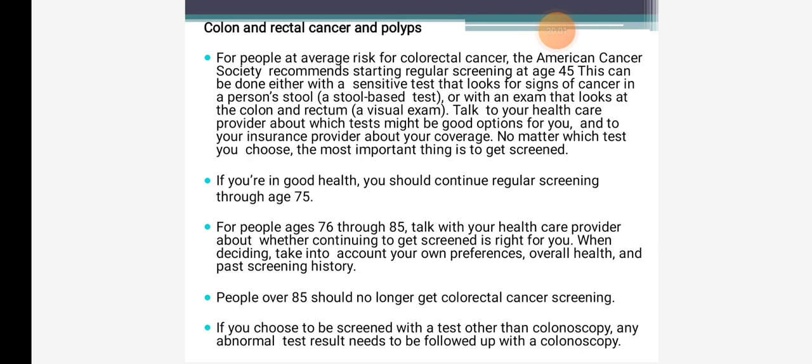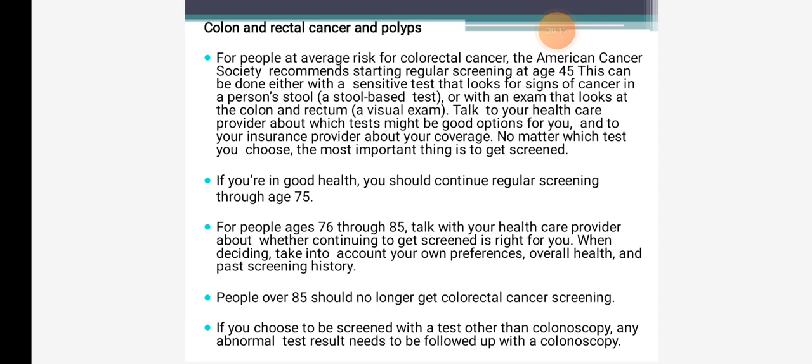Talk to your healthcare provider about which tests might be good options for you, and to your insurance provider about your coverage. No matter which test you choose, the most important thing is to get screened.